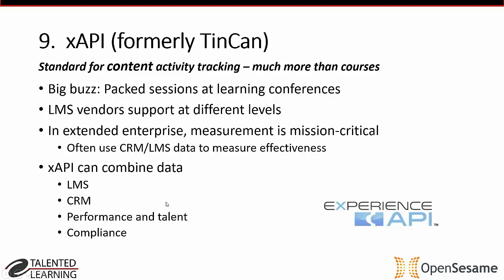But we can convert a SCORM or an AICC result to xAPI format to send to your learning record store. So we are able to do some integrations that way. But again, xAPI is really the best way to see that learning is happening everywhere, not just in the SCORM courses in a traditional LMS, and this gives you the ability to see a much larger picture.